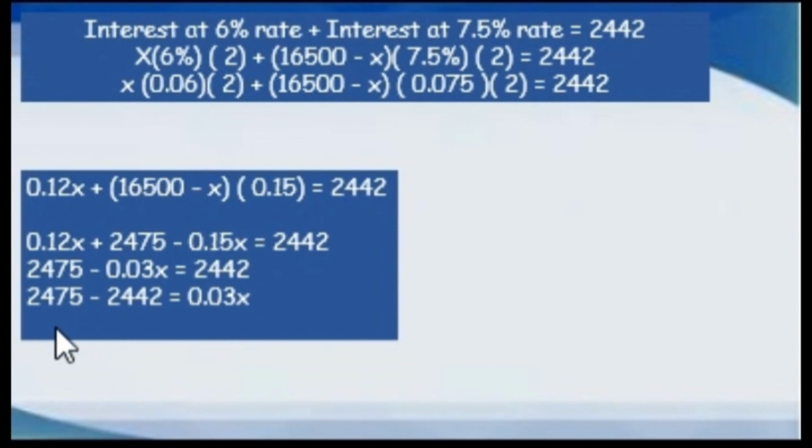Next, 2,475 minus, so anong ginawa natin? I-transpose natin o pagsama-samahin natin yung walang variable. So, si 2,442, dinala natin sa left side, so nagiging negative. Pag transfer natin sa kabila, nagiging negative yung sign. So, minus 2,442.